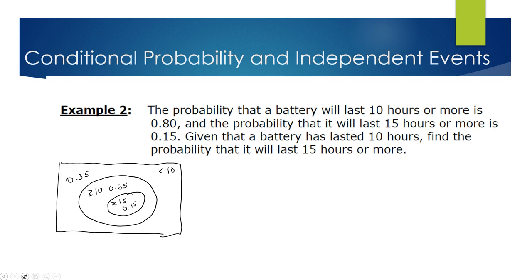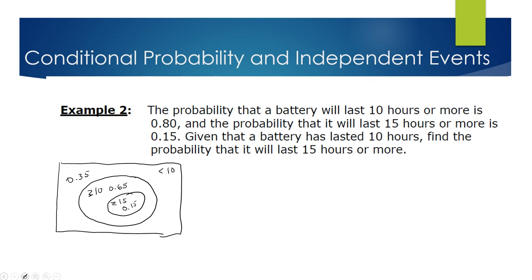So I have to take that 0.15 out when I adjust for this. And so I'm going to have 0.65 in the region where they last 10 or more hours, but they don't quite make it to 15 hours. They would fall short of 15 hours. And then you would have the 35% or 0.35 that fall outside of this group.